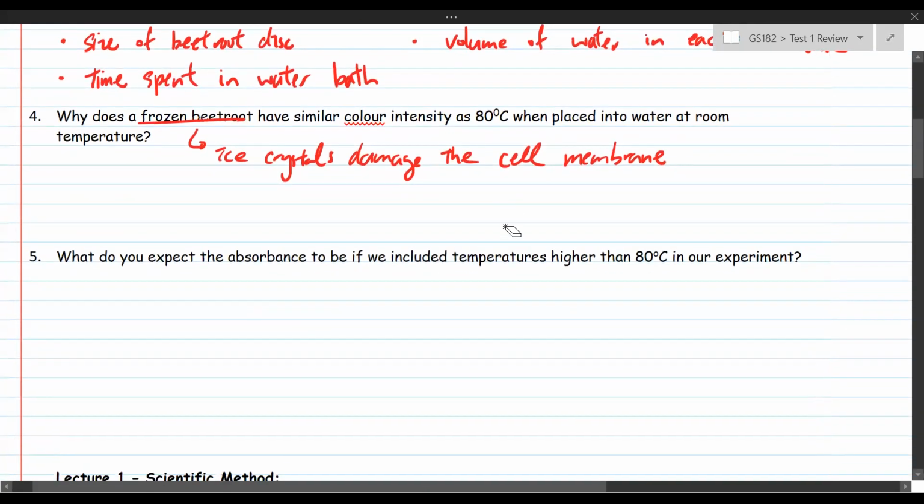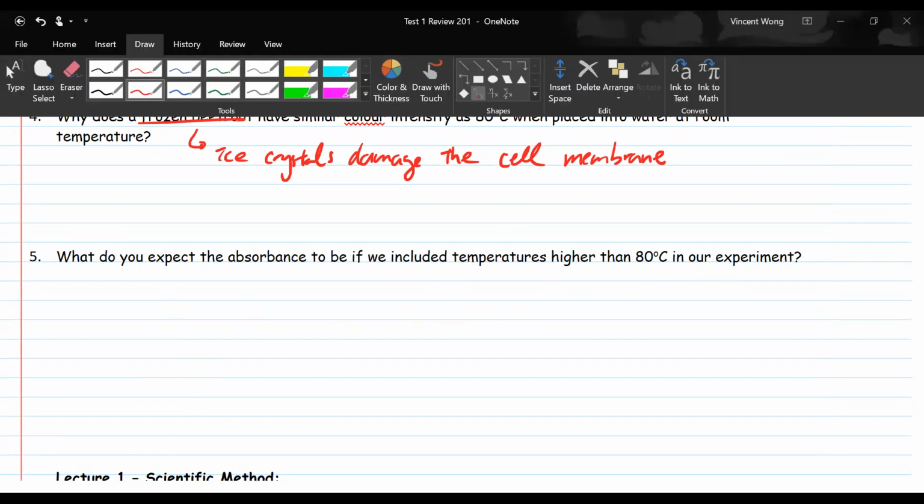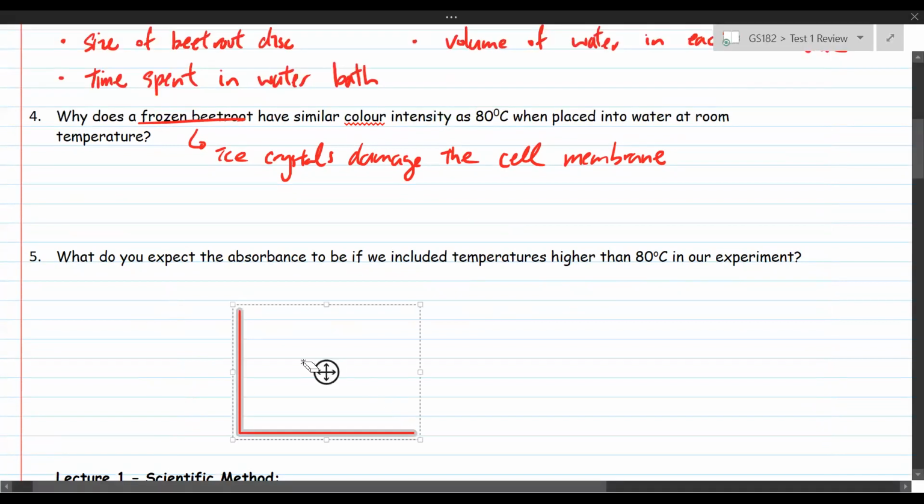What do you expect the absorbance to be if we include temperatures higher than 80 degrees? If you look at your graph, and a lot of you did the right graph, it should be a line graph. There's a rise here, and then it goes like that. The peak occurs at around 70 degrees.